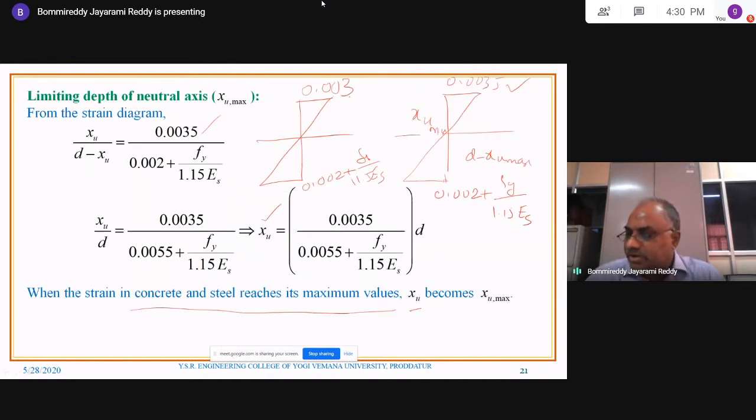If the strains are different and that value is not the same, you have to compute the value in this particular manner and the value is something different. Question, how the question will be: instead of taking maximum strain in concrete as 0.0035, now it will be considered as 0.003. Then the limiting depth of the neutral axis for Fe 415 is? That may be the question.